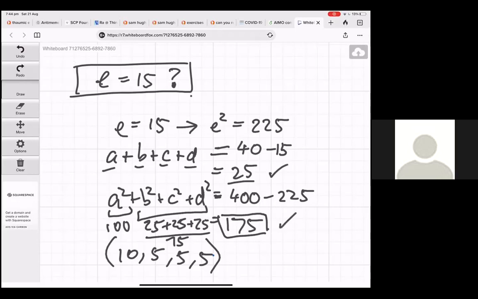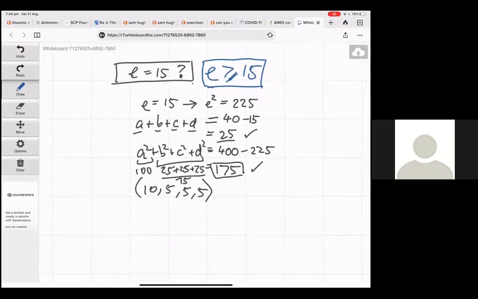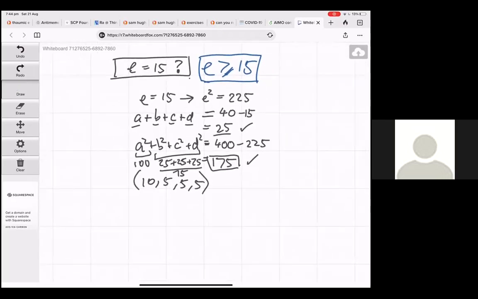Okay, so that means that E is greater than or equal to 15. So our maximum possible E is either 15 or bigger. Let's now try the next number up. So what about E equals 16?